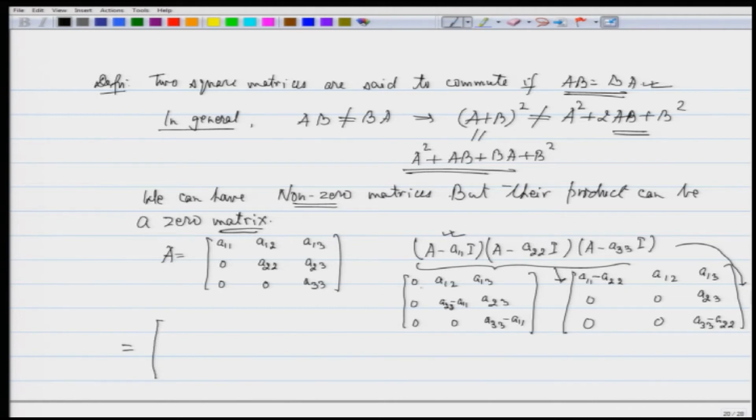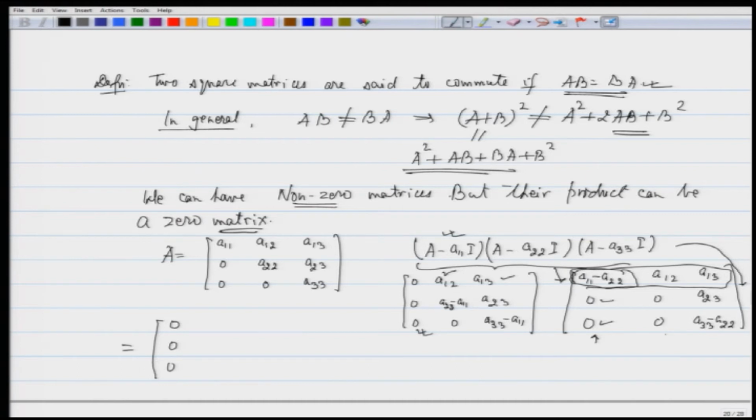Recall that the first column here is 0, so what happens in the first row is immaterial to us. This entry gets multiplied to the first column, which is 0, so the first column of this matrix will be 0.